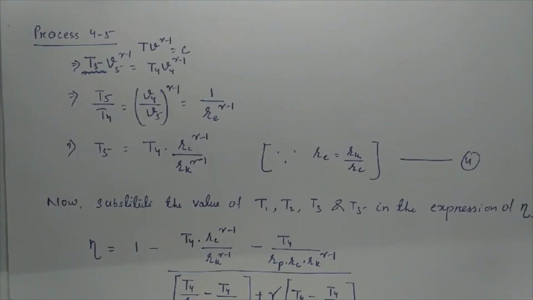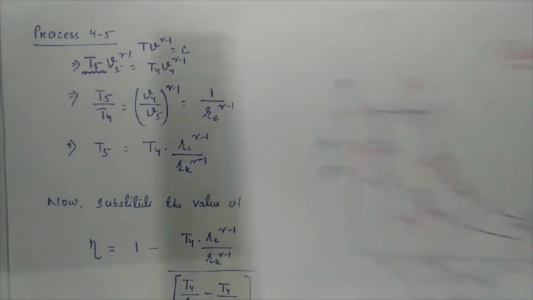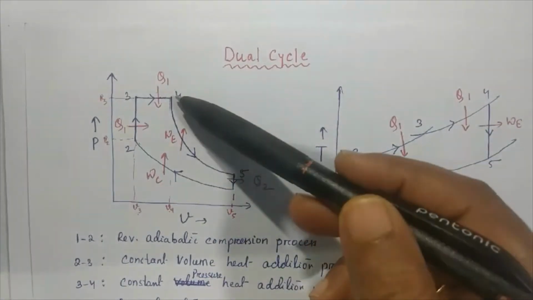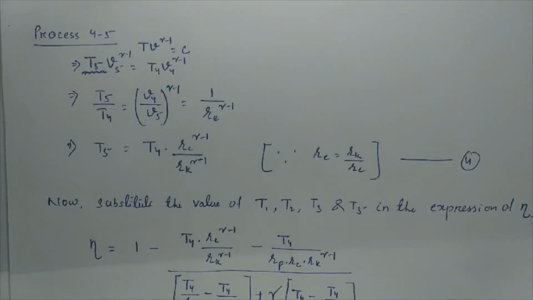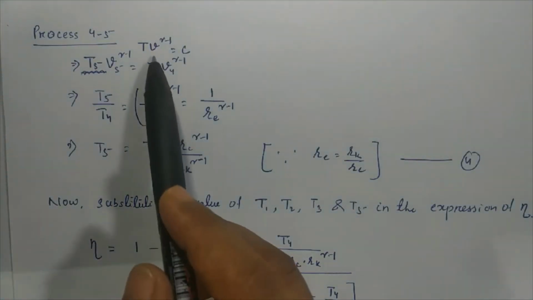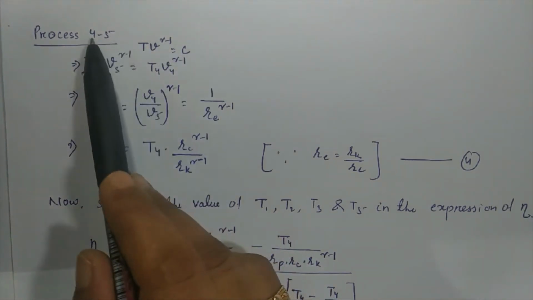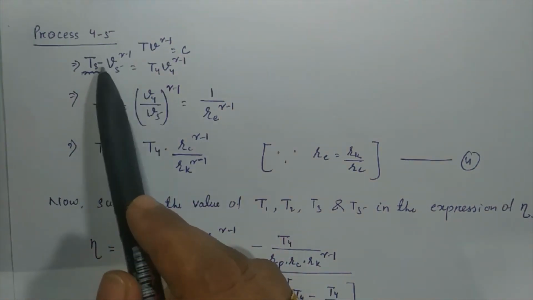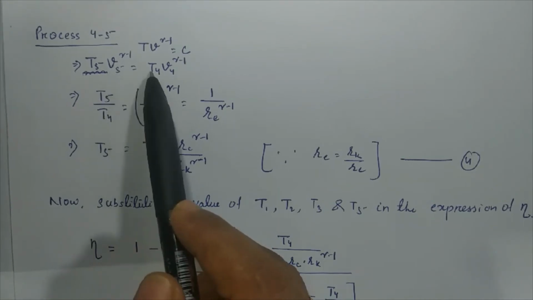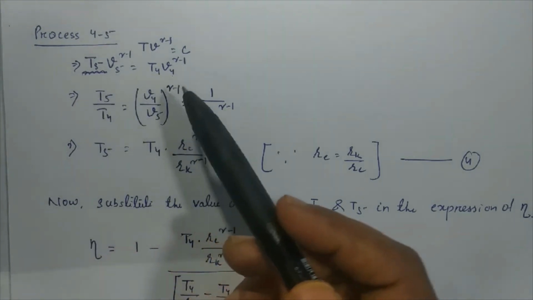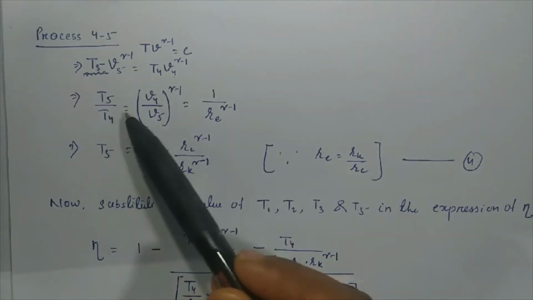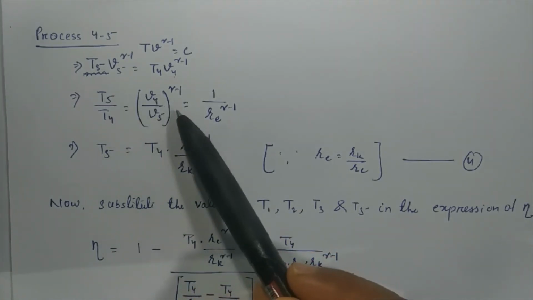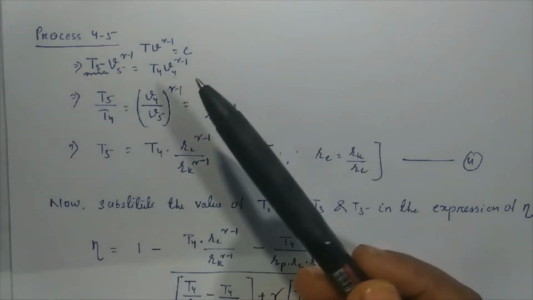Next we consider process 4 to 5. This process is a reversible adiabatic expansion process. For an adiabatic process we can use the relation T V to the power gamma minus 1 equal to constant. So T5 V5 to the power gamma minus 1 equal to T4 V4 to the power gamma minus 1. Rearranging, T5 by T4 equal to V4 by V5 to the power gamma minus 1.